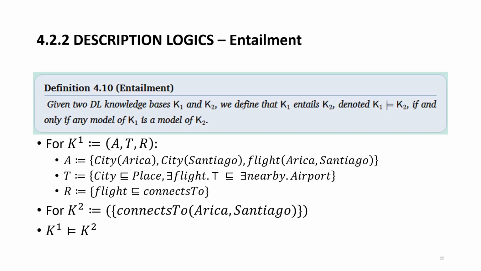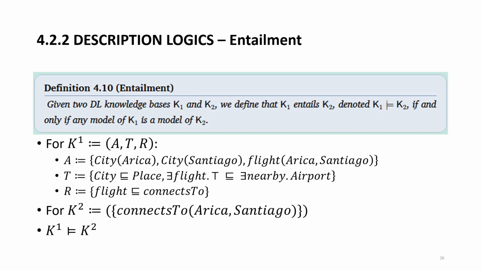But then how do we define entailment using description logics? Well, let's use K1, the same as the K from the previous slide, and K2 as a description logic only containing connects to Arica Santiago. At first you would say that K1 does not entail K2 because connects to Arica Santiago is not in K1. But the definition says that K1 entails K2 if and only if any model of K1 is a model of K2.